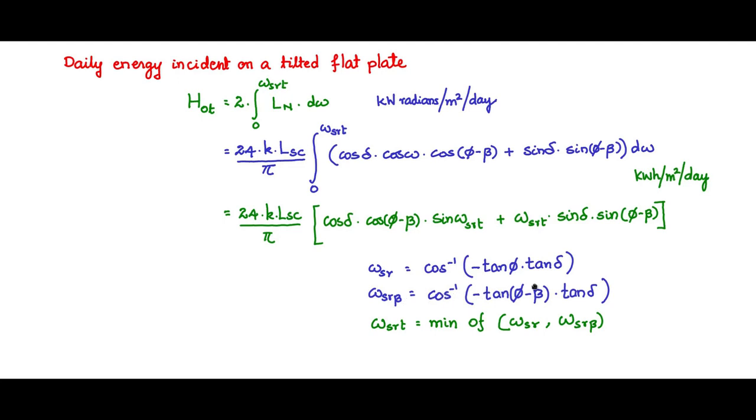If you place a flat plate which is tilted at an angle beta, and compute it like this for the tilted horizon plane, these two values, the minimum of them, is what has to be assigned to omega_SRT.